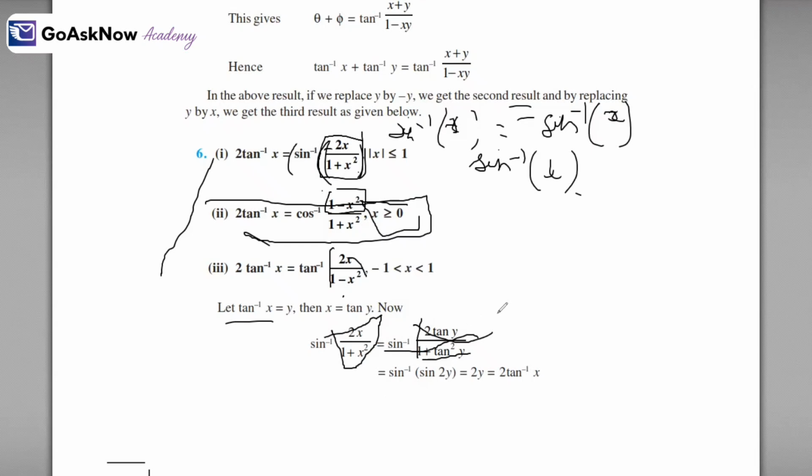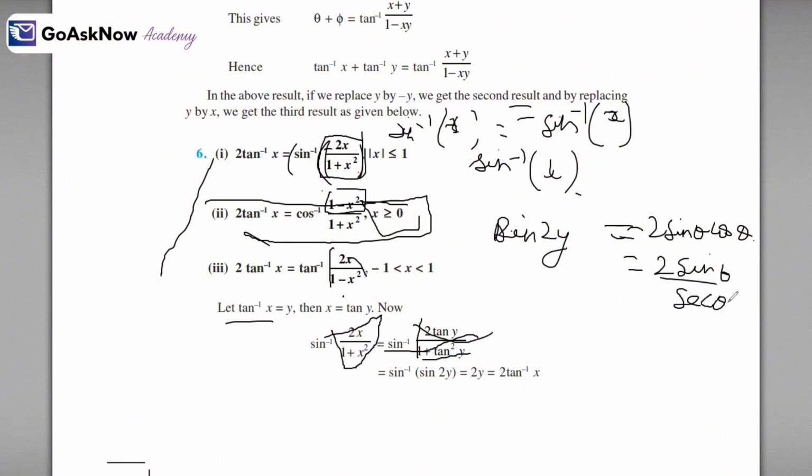How is this sine 2y? If you remember from class 11th, the sine 2y formula is equal to 2 sine theta cos theta. I think you have just remembered this. You can write it as 2 sine theta upon sec theta, because cos theta is 1 by sec theta.